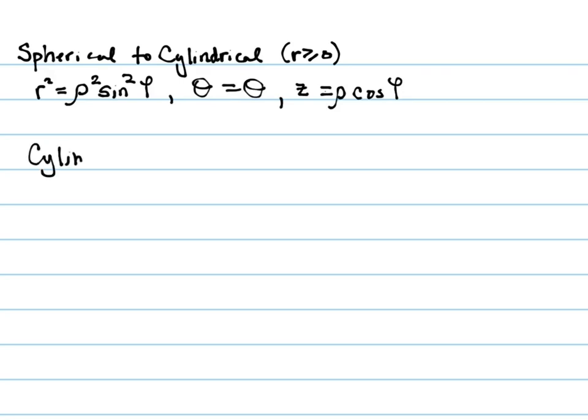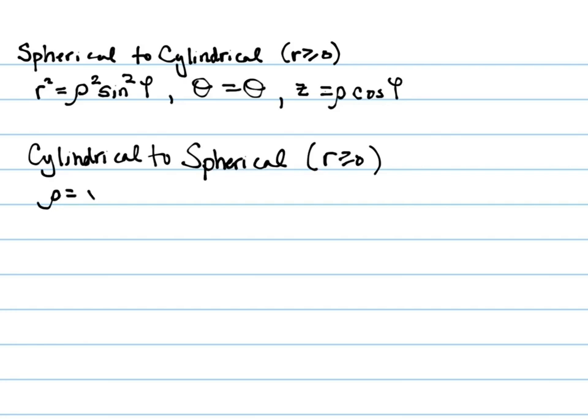And then if we go cylindrical to spherical, again, r is greater than or equal to 0 to make it work. Rho is the square root of r squared plus z squared. Theta is theta.